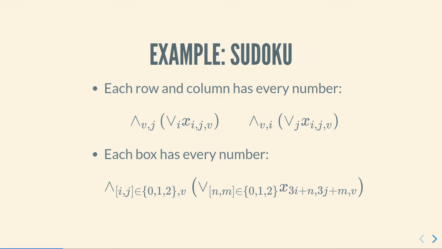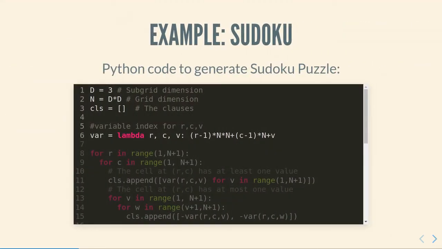Now, these are the constraints that go into coding a Sudoku puzzle. So what we can do is create a script that outputs a CNF file corresponding to these constraints. We can do this in Python, because Python is a relatively easy language to do this with.